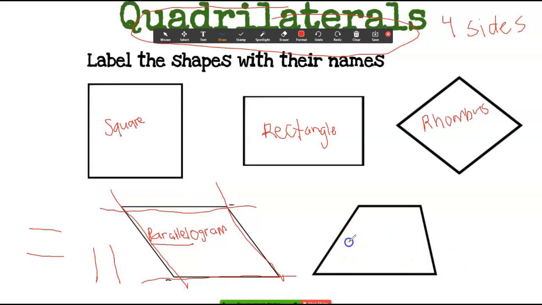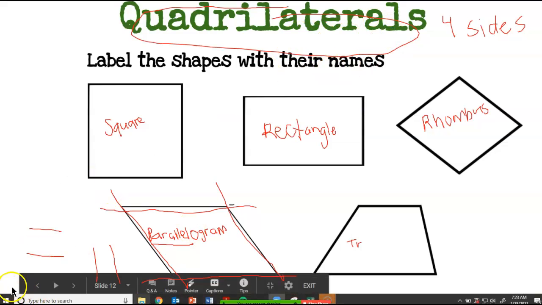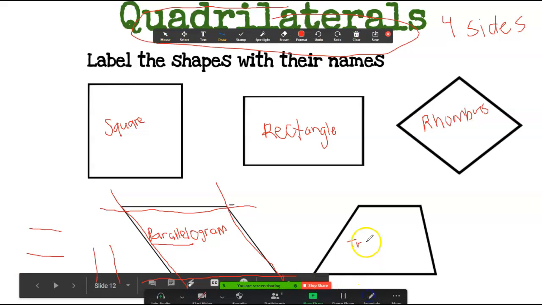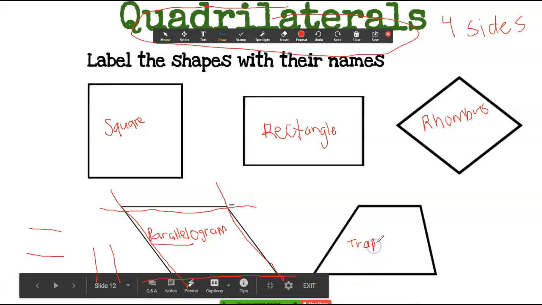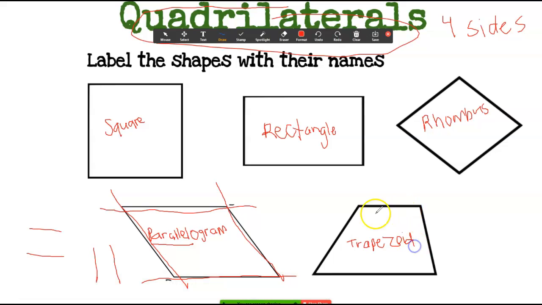Okay? And this is called a trapezoid. Now a trapezoid also has one pair of parallel sides. Only one. Okay? So right here you see these are parallel, right? They're going to keep going and never touch. Now it's a trapezoid because it only has one pair.